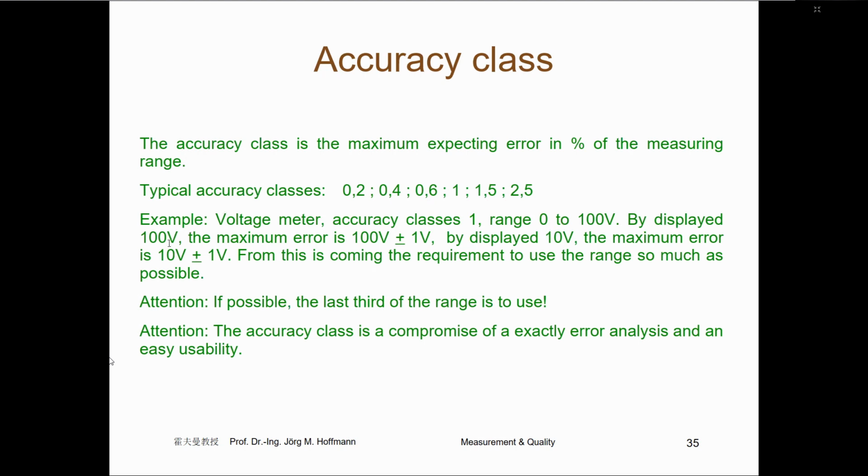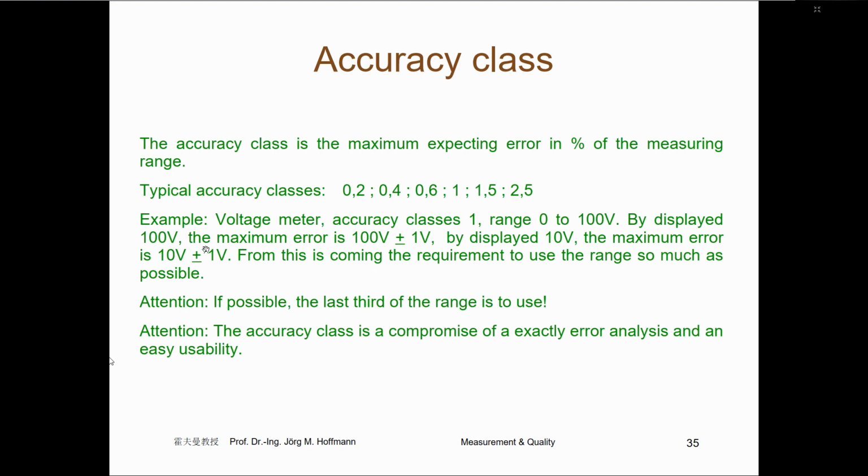At a displayed 100 volt, the maximum error is plus minus 1 volt. But when you display 10 volt, the maximum error is still plus minus 1 volt.